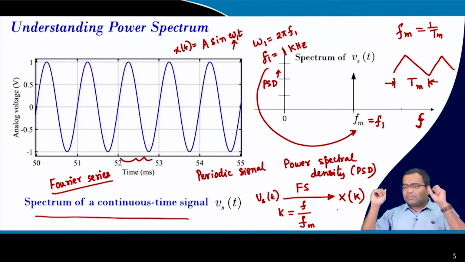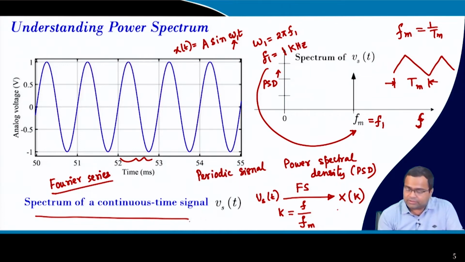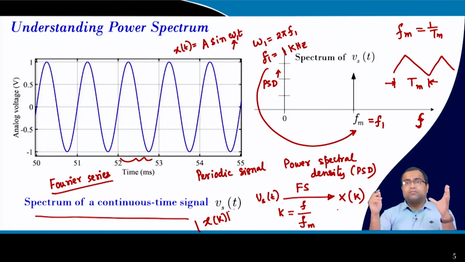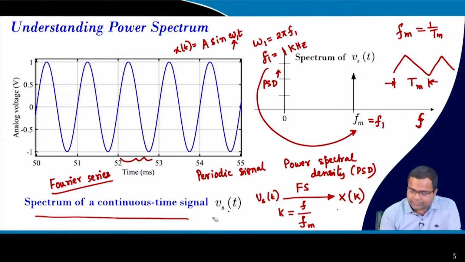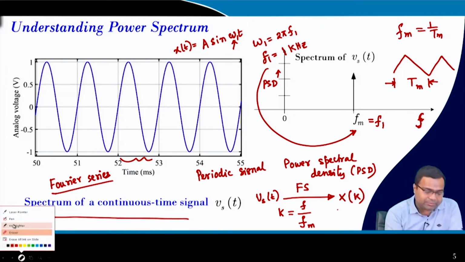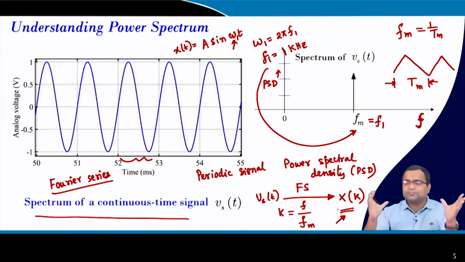Since it does not satisfy any symmetric property, you will get even and odd all types of harmonics. And we can find the Fourier coefficient X[k], its power. We want to see what the power content is, because we can apply Parseval's theorem and find out the power content in the Fourier domain, and then you will find the power spectral density.